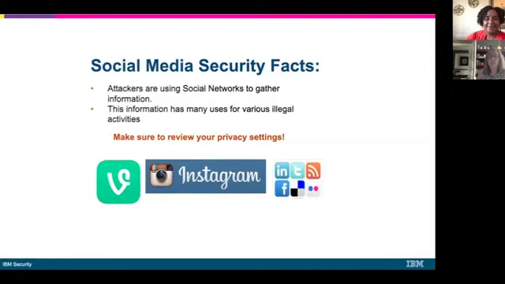All these social media outlets have privacy settings, and there are people out there who can use this information for illegal activities, to gather data about you. So here's homework number 2: please, please, please go review the privacy settings of all the social media networks that you use. All right, moving forward, Evelyn, please.